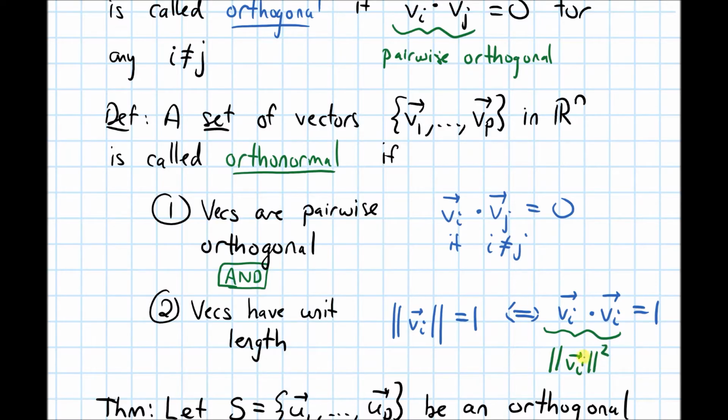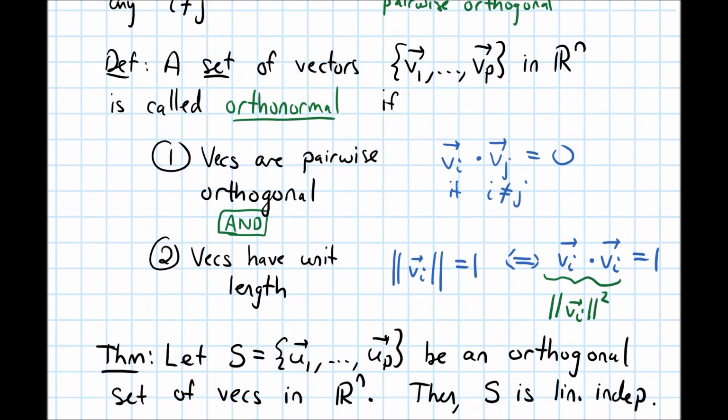And if the length of vi squared is 1, that means the length of vi is 1, because when I square root this, the length is not allowed to be negative 1. The length is not allowed to be a negative number. Okay, so again, vectors are orthonormal if they're pairwise orthogonal, and they all have length 1.